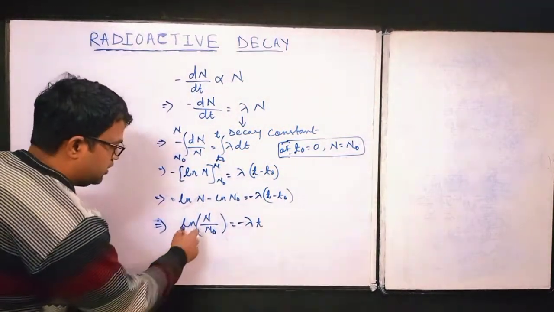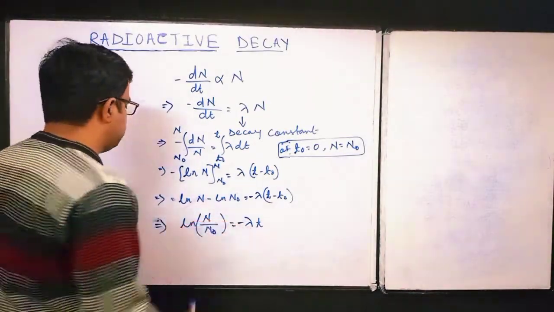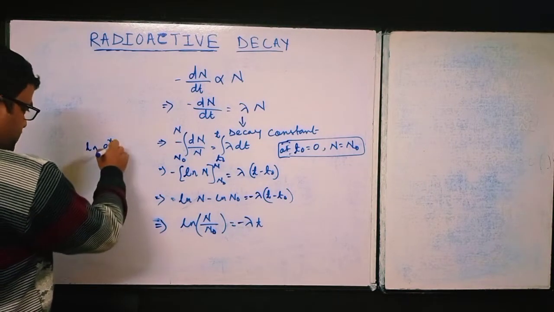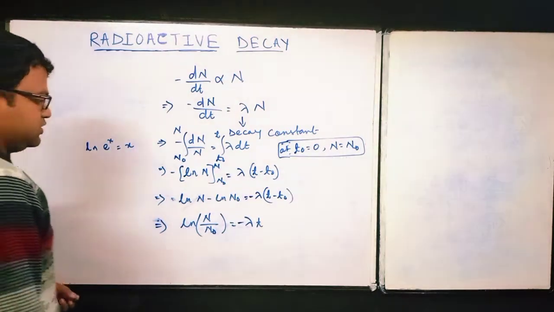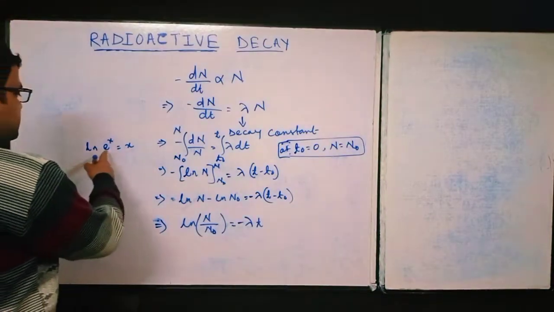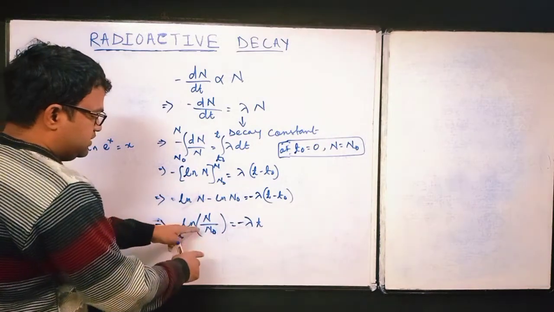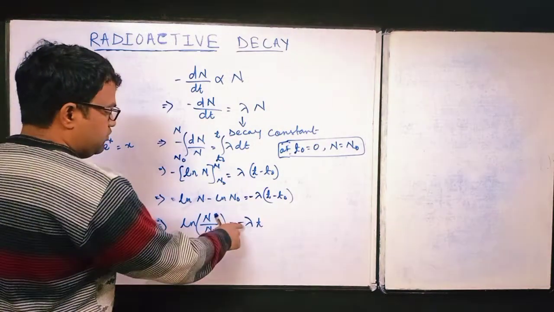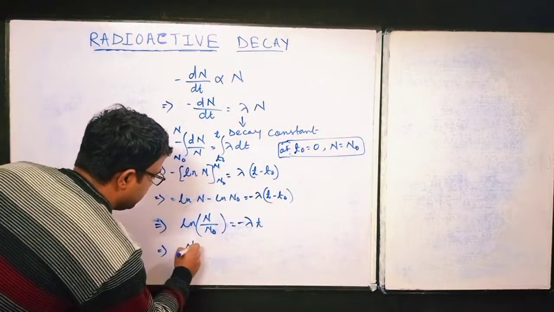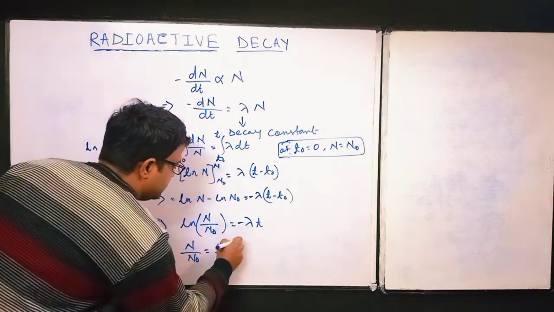Now if I remove this logarithm, I write e to the power, because we know that ln e to the power x is x. Or in the reverse way, I'll write that n by n0 will be equal to e to the power minus lambda t, right?